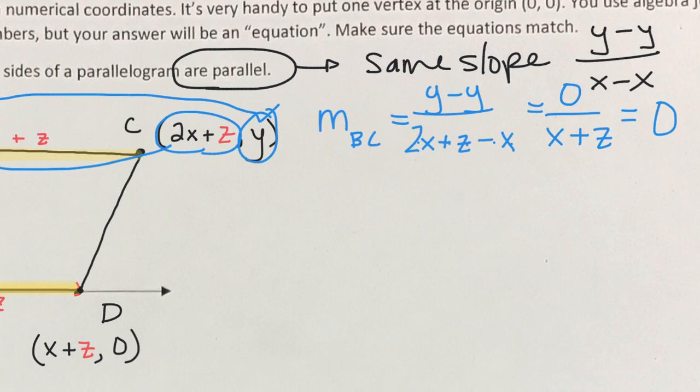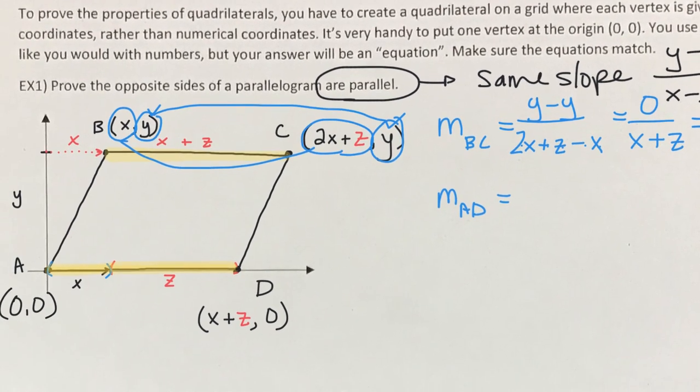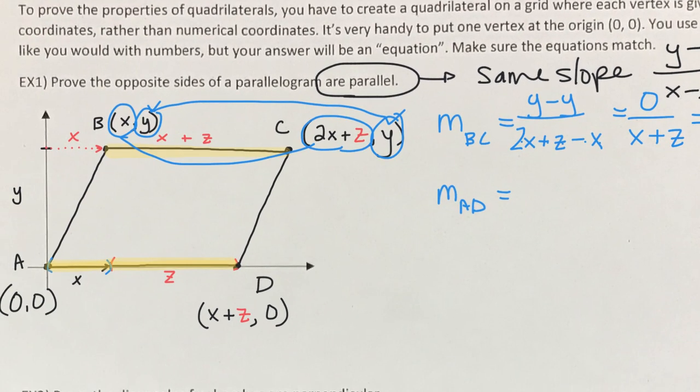Undefined is where we have a vertical line and you have 0 in the denominator. If 0 is in the denominator, you have an undefined slope. If 0 is in the numerator, then you have 0. So now let's find the slope of the opposite side, which is AD. We're going to do a similar thing. We're going to take the y-coordinate at point D and subtract the y-coordinate at point A. And as you can see here, that's 0 minus 0.